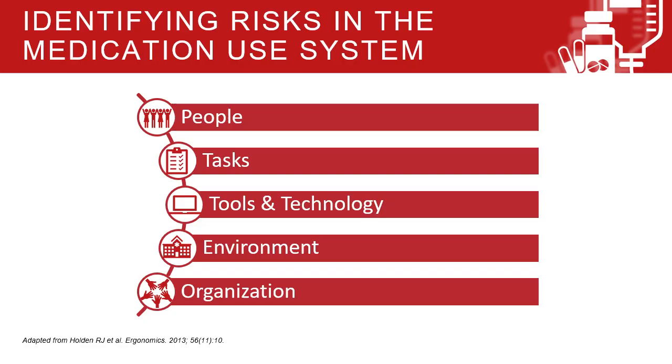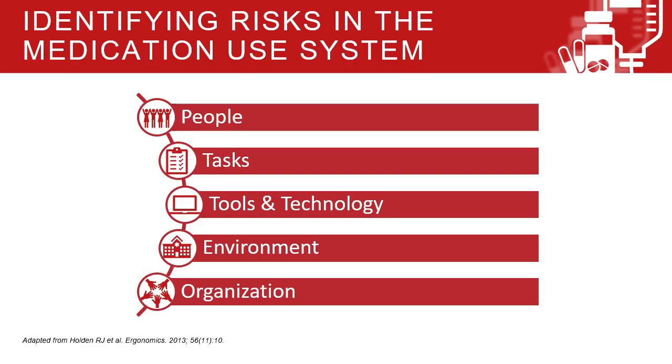These are the resources, software, and equipment that's used, and can include things like the electronic health record, automated dispensing cabinets, and infusion pumps. The fourth, environment, is the physical and organizational setting and also includes environmental factors like noise levels, lighting, and workplace design. And finally, organization. This is the leadership and culture that shapes workflows and includes things like policies, reporting structures, and training programs. These elements don't operate independently. They influence and shape one another.